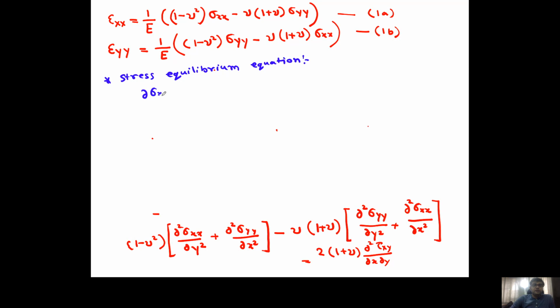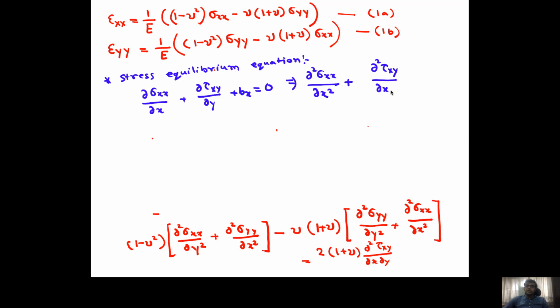So this is del sigma xx del x, del tau xy del y plus bx is equal to 0, which implies del 2 sigma xx del x2 plus del 2 tau xy del x del y plus del bx del x equal to 0.